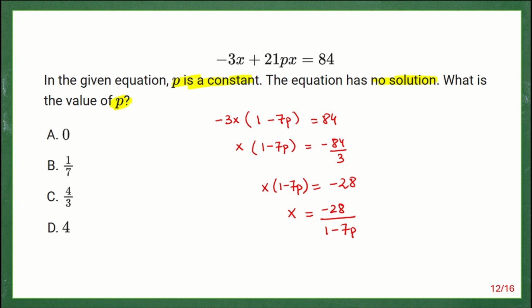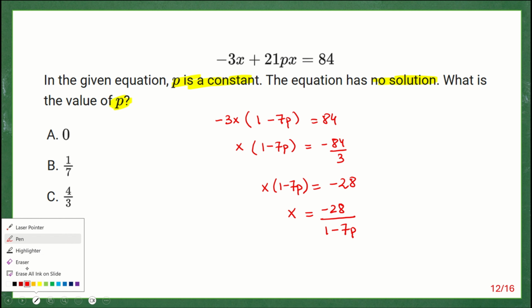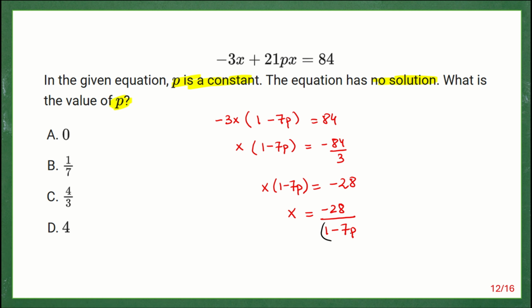Now, from this expression, in order for it to have no solution, our denominator should be equal to 0. Because if the denominator is not 0, we will have some value of x that satisfies the expression. So mainly we are looking at the denominator and equating it to 0.